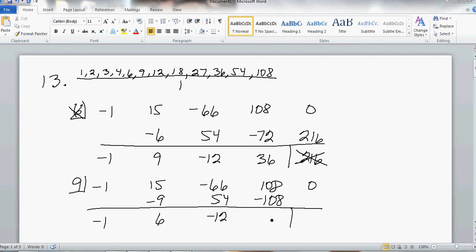Oh, this is going to be very nice. 0. 0 times 9 is 0. So we end up with 0. It's all good, so 9 works. 9 is our answer. 9 is the 0. So what does that mean? That means the answer is 9 hours.